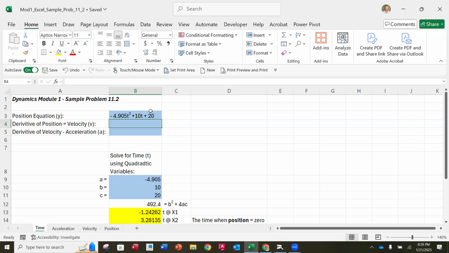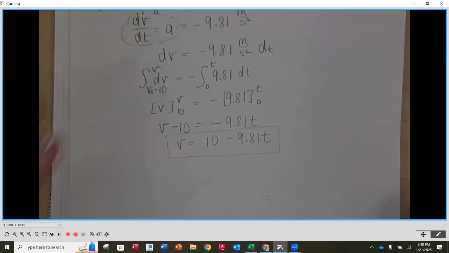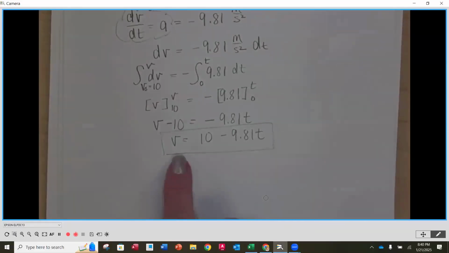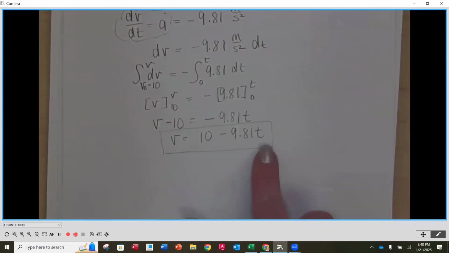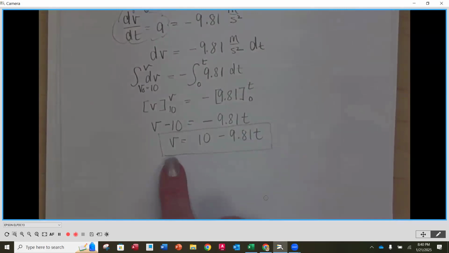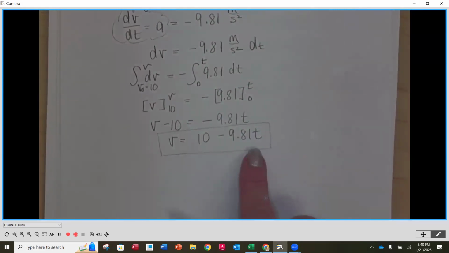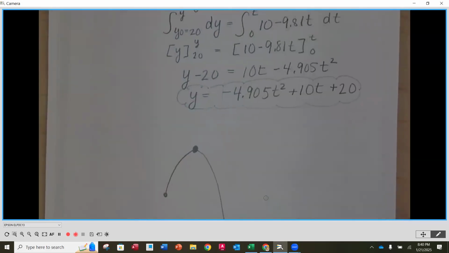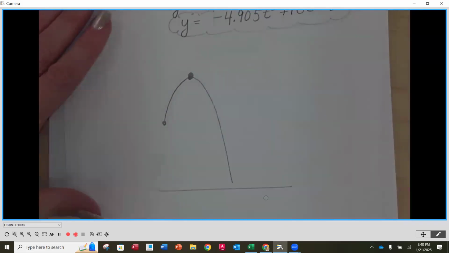Here's my previous. Oh, we don't need the quadratic. That's right. We don't need it. Been looking at all these different problems. So if we go back to where our velocity is equal to 0, we only have one value for t here, right? So all we have to do is set our velocity equal to 0 and solve for t in this equation. That doesn't need to be a quadratic on this one.